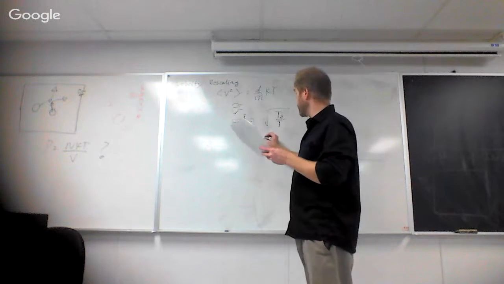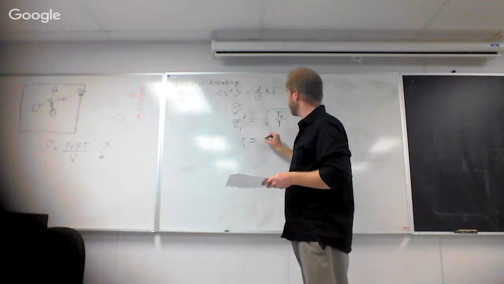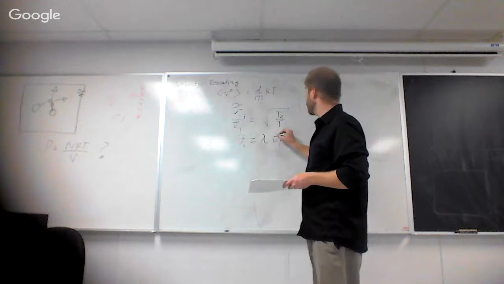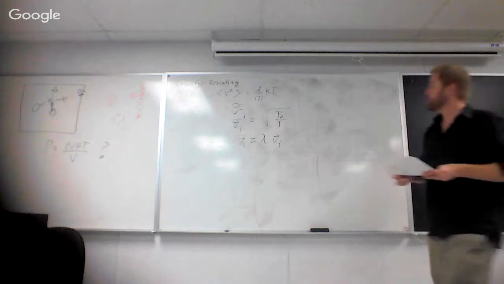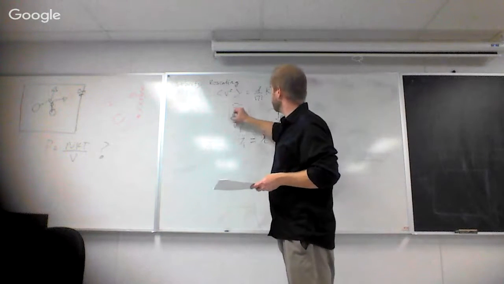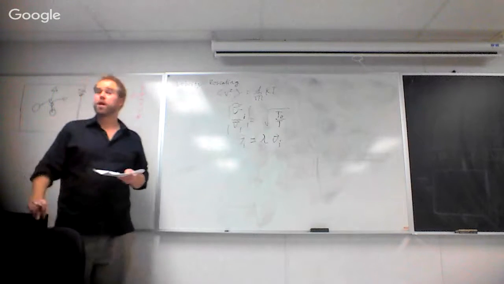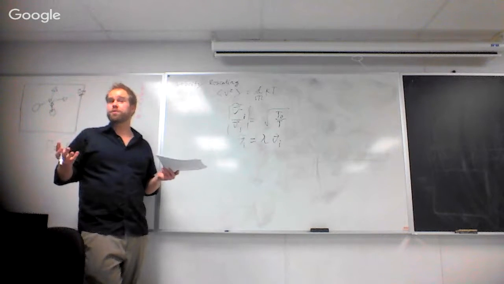Okay, and so we can say that vi tilde equals some scaling factor, lambda, times vi. Should really be the magnitude of this. What's the tilde? That's the rescaled velocity. So we look at our system, we have a bunch of vi's.